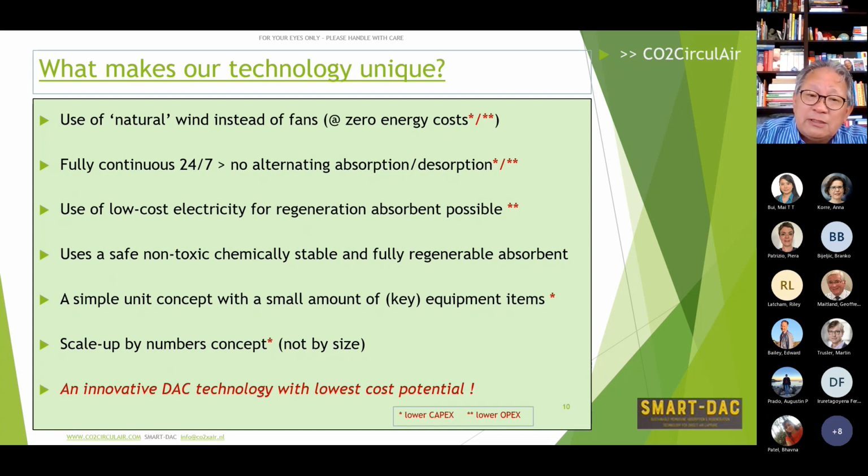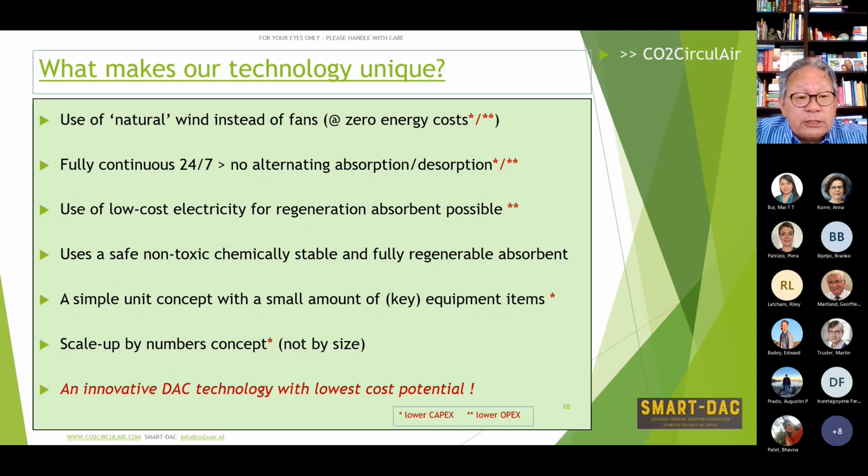But this means that by switching over, during regeneration we can simply continue absorbing. So we have no alternating absorption and desorption steps, and we can use low-cost electricity for the regeneration.